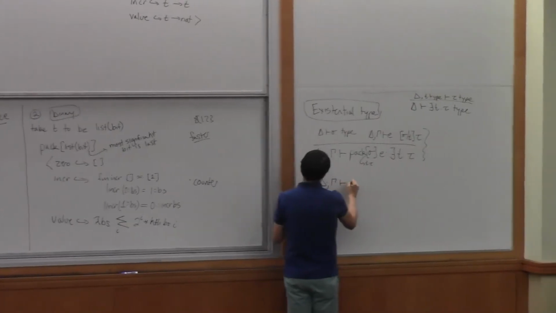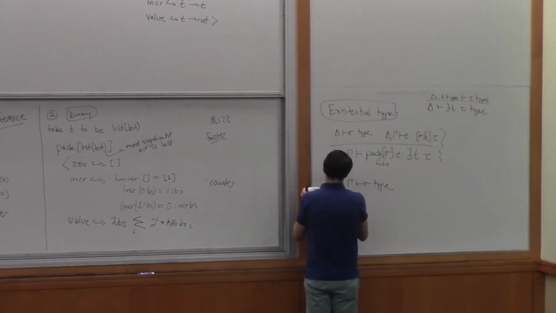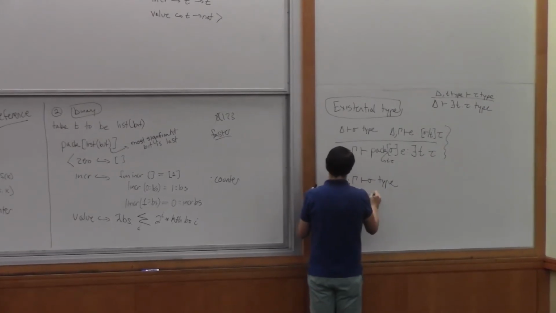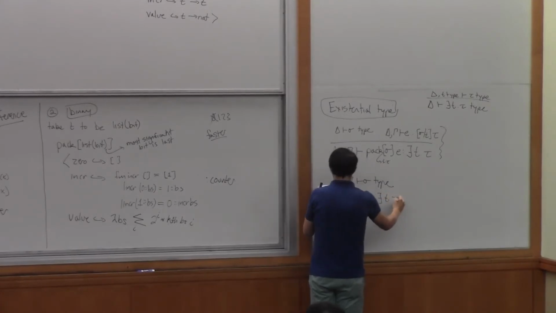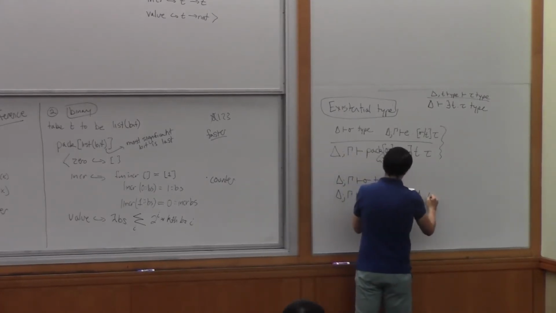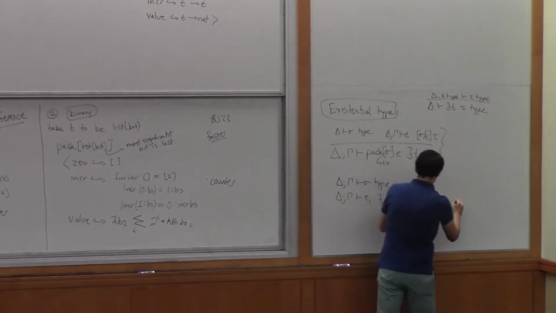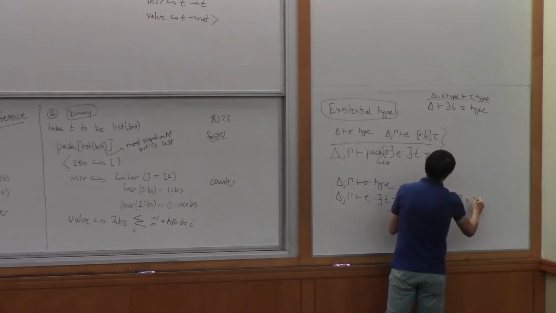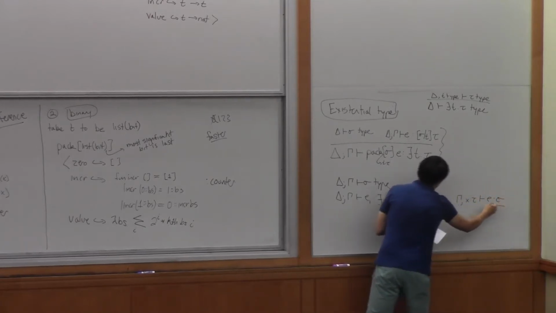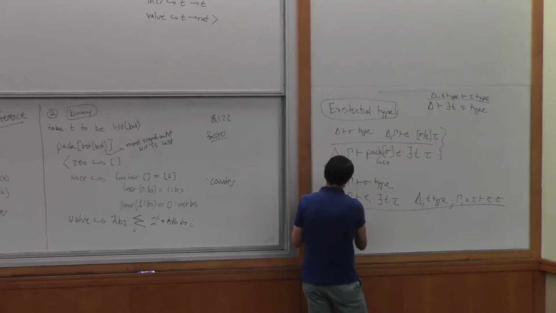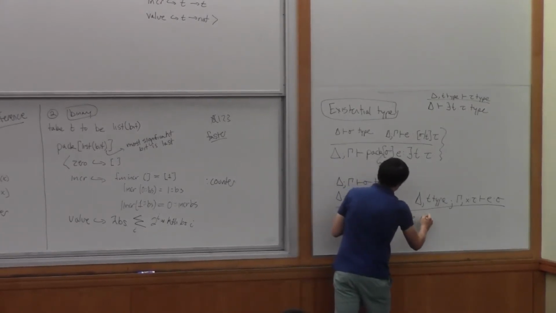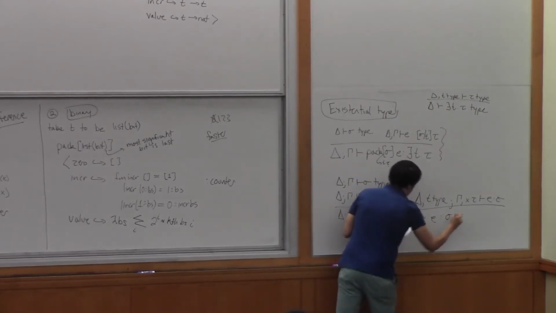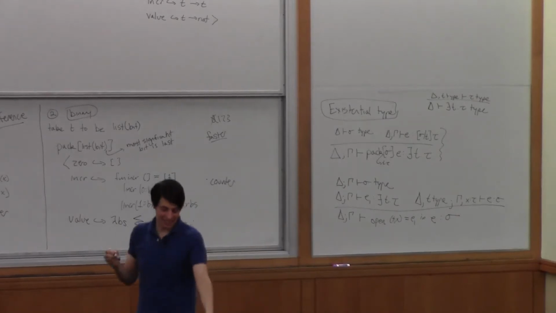If delta gamma proves sigma is a type, and delta gamma proves E1 colon exists t dot tau, and delta t is a type, gamma x colon tau proves E colon sigma, then delta gamma proves open Tx equals E1 in E has type sigma. Okay, what does that mean?